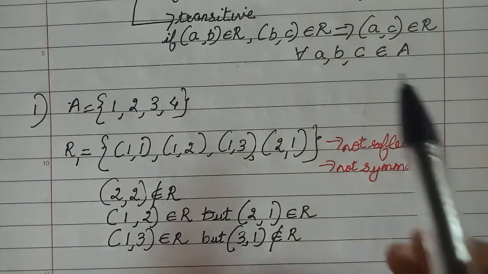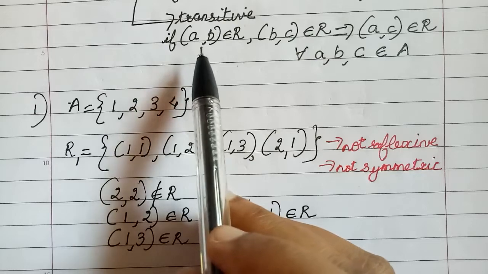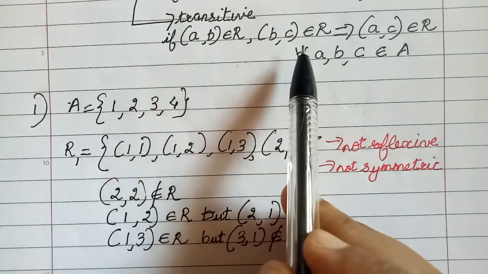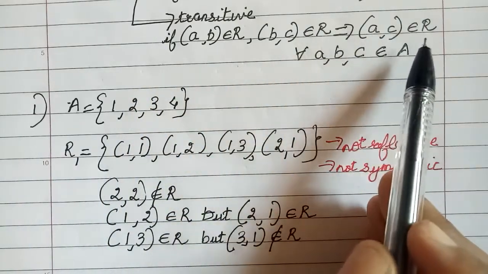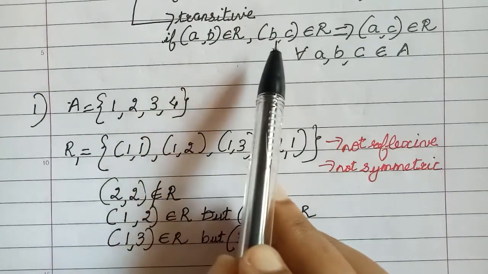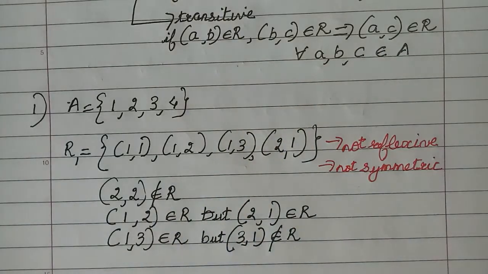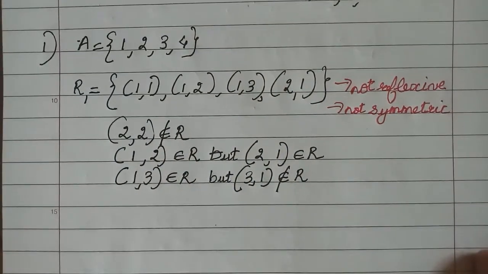Okay, now let us move to the third condition. The third condition says that if you have elements of the type (A,B) and (B,C) in R, then you should have (A,C) also. That is what you have to check. We know that one element is enough to violate the condition. So let us check.